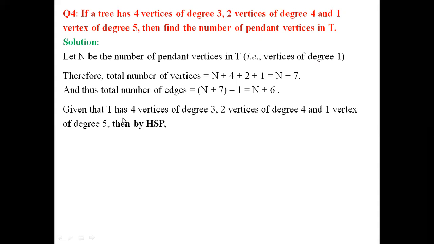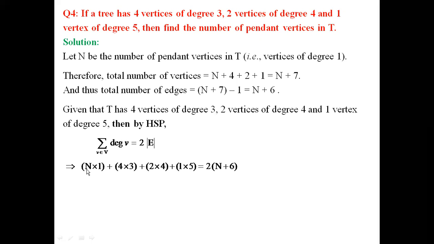It is given from the data that 4 vertices of degree 3, 2 vertices of degree 4 and 1 vertex of degree 5 exist in the tree. And obviously there are n vertices whose degree is equal to 1. So we apply the handshaking property: the sum of the degrees of all the vertices is equal to twice the number of edges.